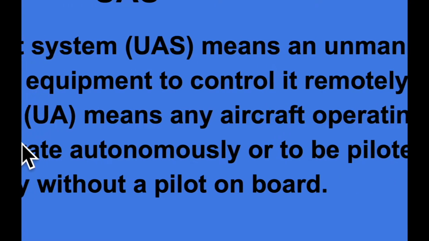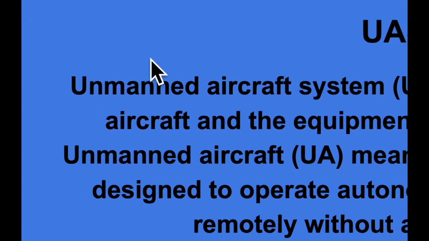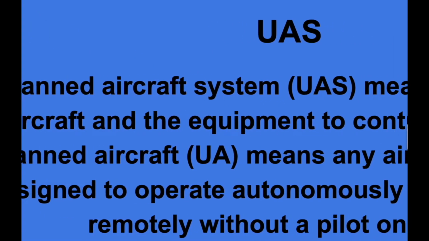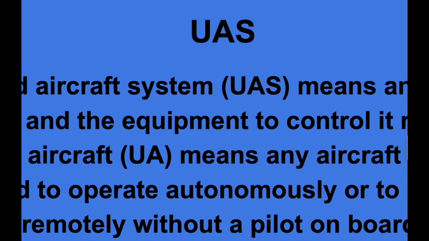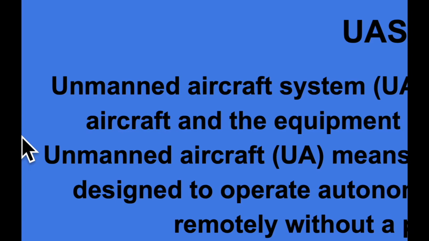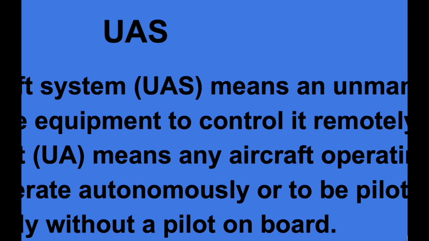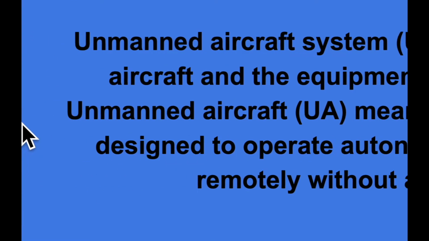So let's get into the next one, where we're talking about a UAS, which is an unmanned aircraft system. So it's basically close to the same thing. This means an unmanned aircraft and the equipment to control it remotely.